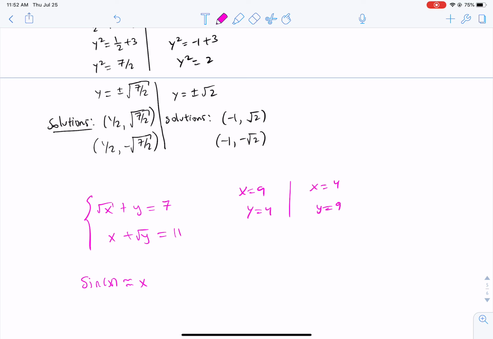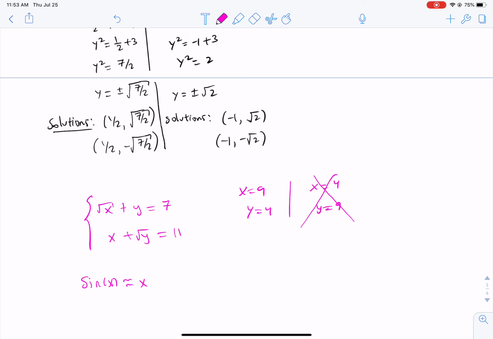If I switch them, X equals 9, Y equals 4. There's only one solution. Okay, I believe you, great.